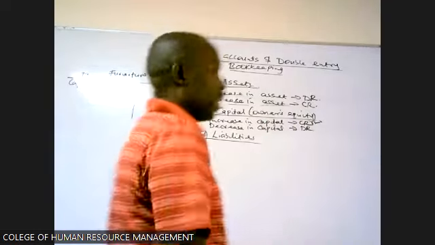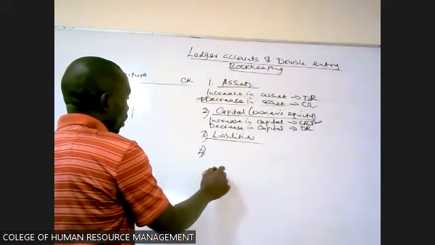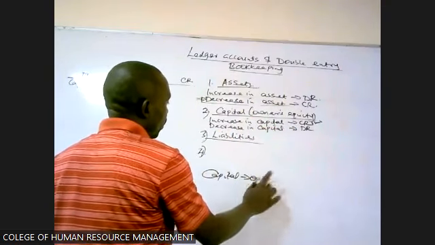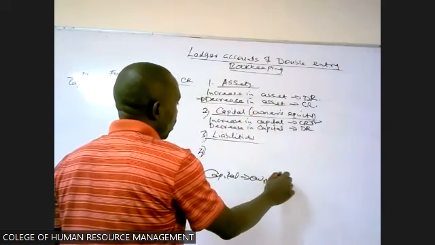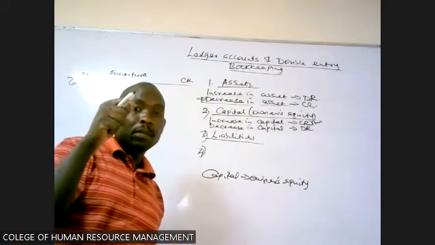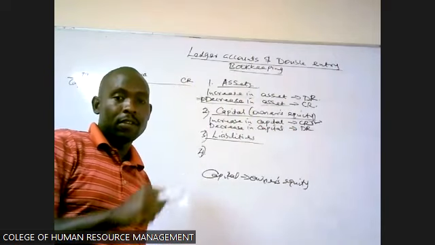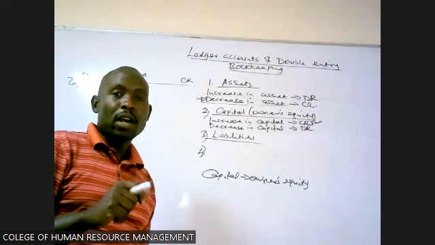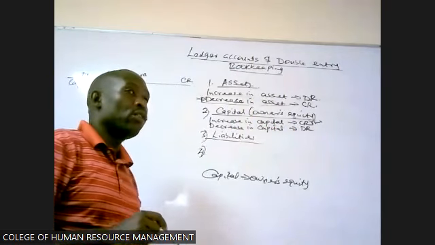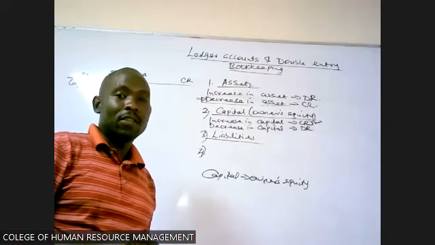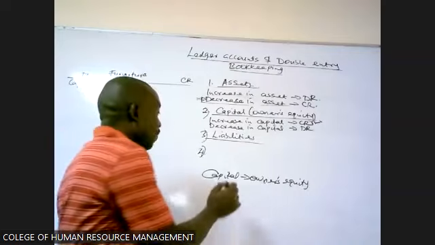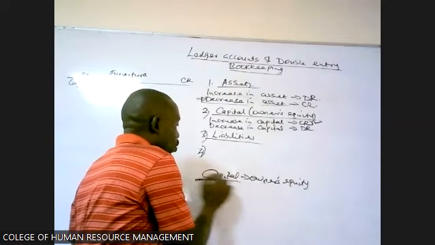From the definition that we have given before, capital is owner's equity: what the owner has contributed to the business. So in short, even if you are going to borrow to start the business, you must have, first of all, your own capital.